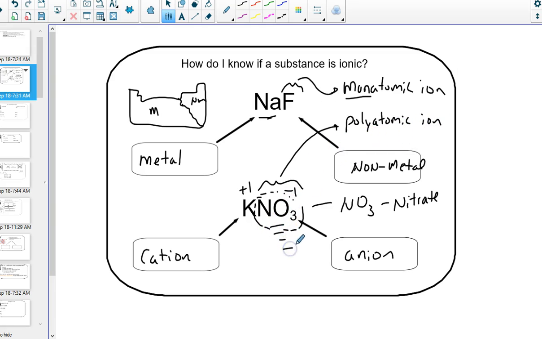We have a list of ones that are super common. Some years we would maybe have a little game, a little challenge, to try and jam some of these into your memory, so that we can use them kind of like vocabulary in a foreign language. But without a shadow of a doubt, if at the end of the year I ask you what's NO3-1, you're going to spout off nitrate.